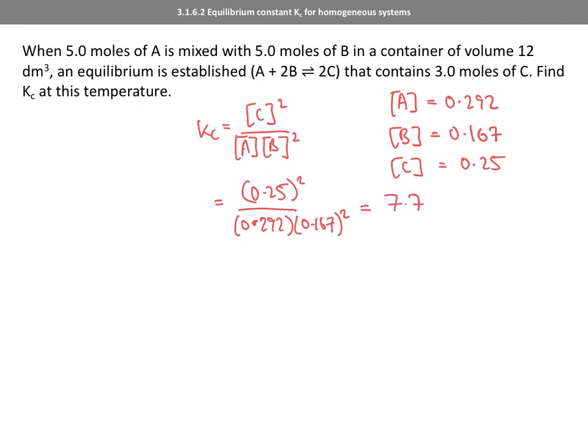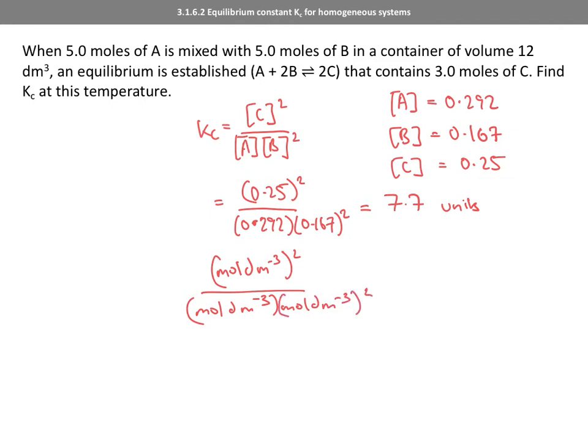Now we don't know what the units are, so we'll just put right units for the moment. So we need to put our units into the equilibrium expression. So we've got moles per decimeter cubed, and then this is C, so squared, over moles per decimeter cubed times moles per decimeter cubed squared.